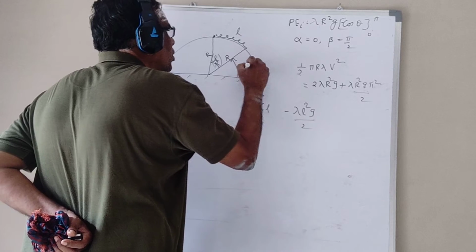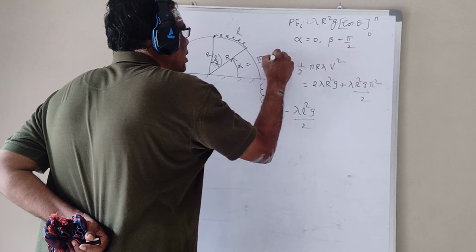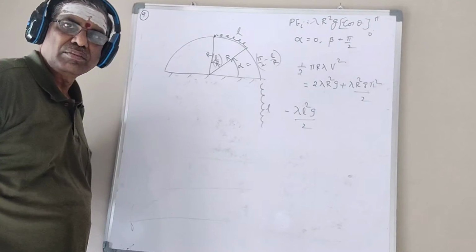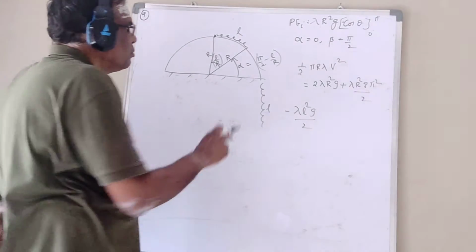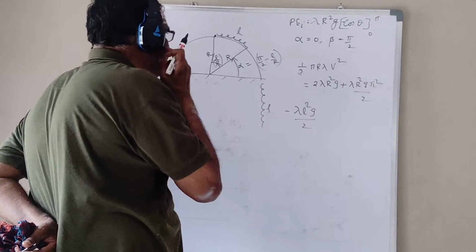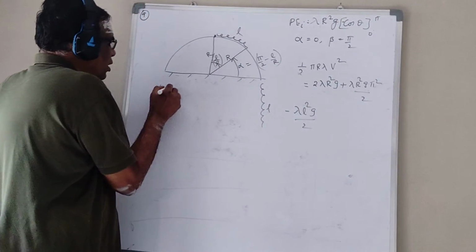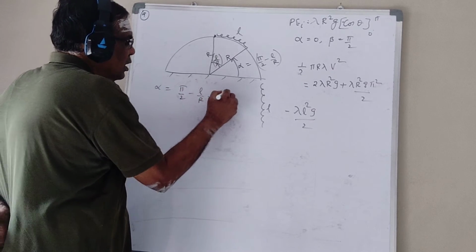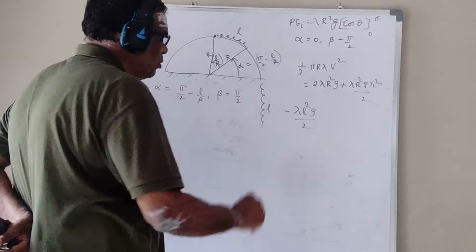Which is alpha, pi by 2 minus L by R. I hope you understood this. So, your alpha is pi by 2 minus L by R, and beta is pi by 2.